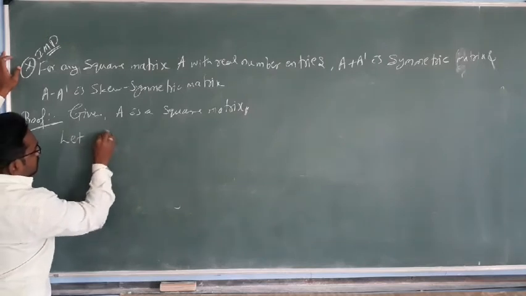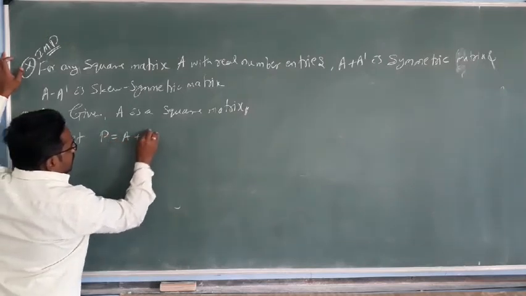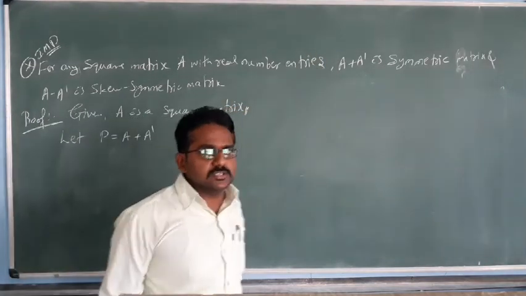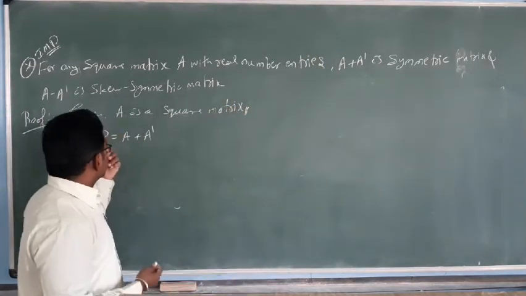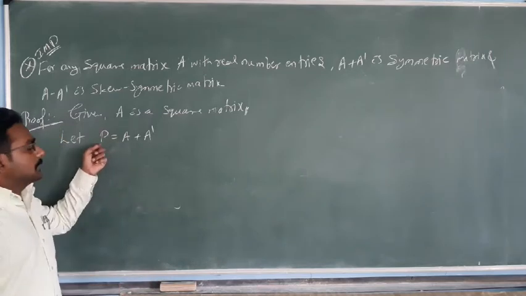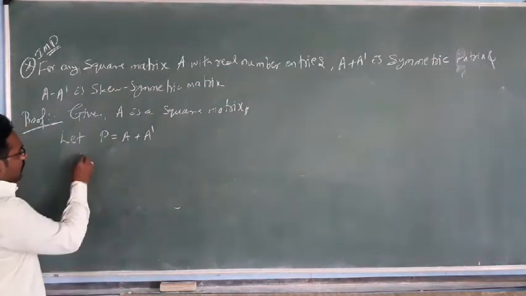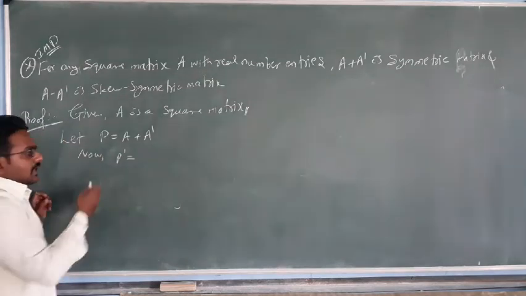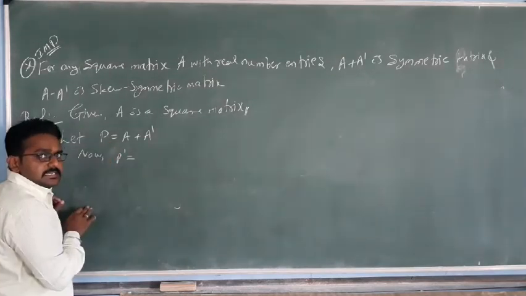Let P equal A plus A dash. They mentioned that A plus A dash is a symmetric matrix, so I assigned the value P. Now I am applying the transpose to this result.